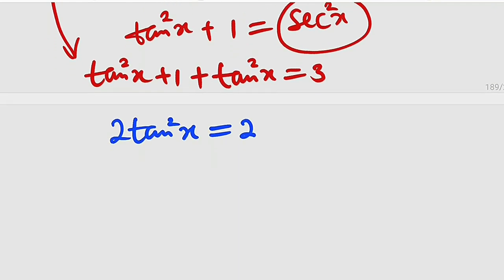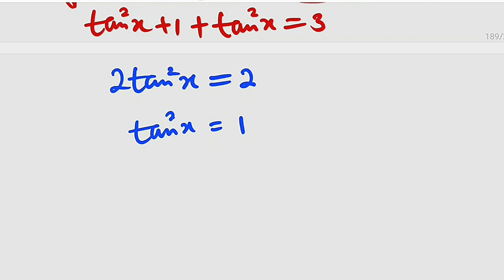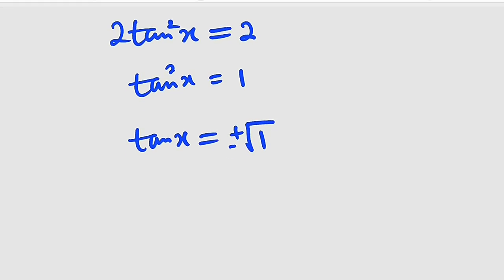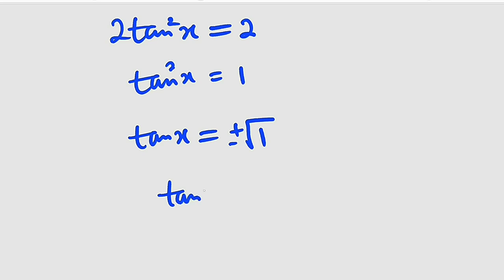From here, you can divide both sides by 2. You have tangent²x equal to 1. And we can take square root of both sides. You have tangent x equal to plus or minus the square root of 1, which is equal to 1. Therefore, tangent x could either be 1 or tangent x equal to negative 1.